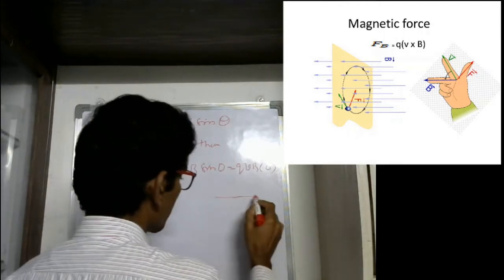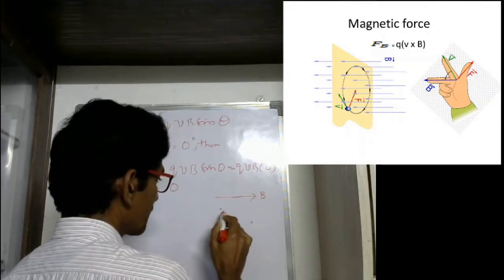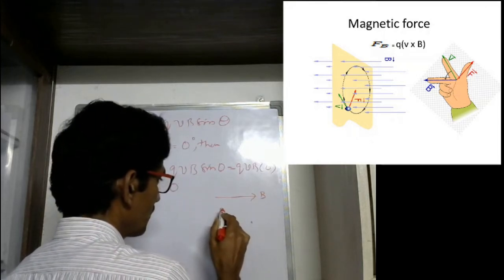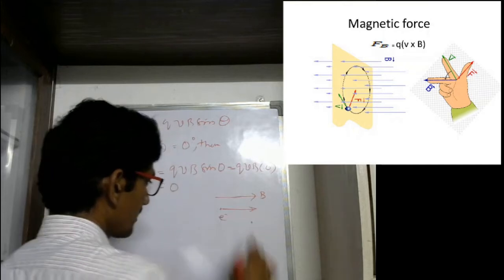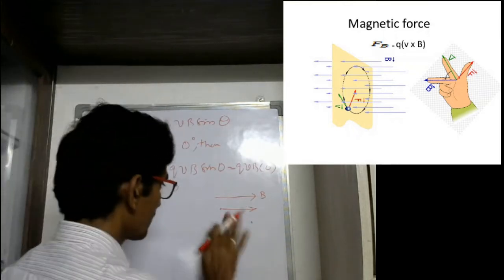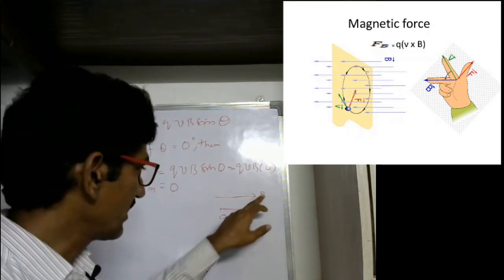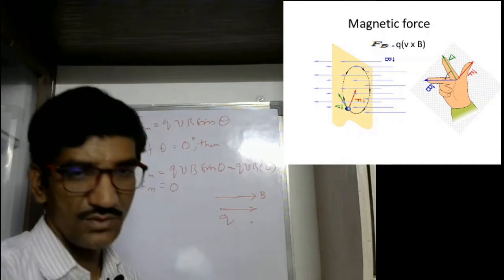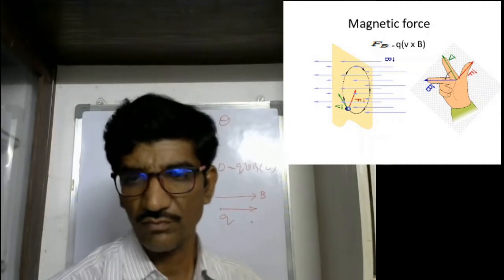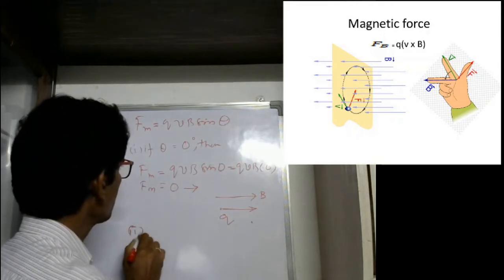If this is the direction of the magnetic field, and your particle is also moving in the same direction, then the force exerted by this field on this charge is 0. Now let us see the second case.